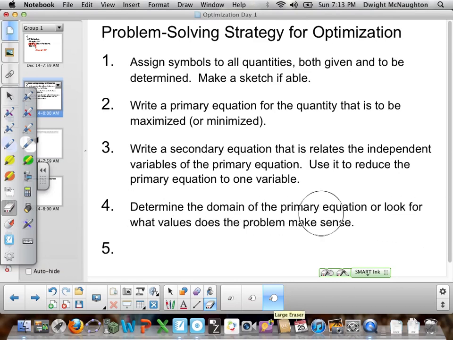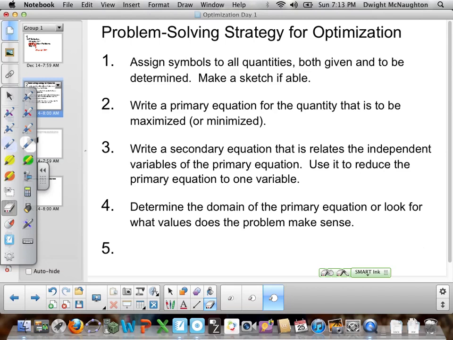Right? Once you've gotten rid of extra variables in your primary equation using your secondary equation, you're going to determine the domain of your primary equation. This is a lot simpler than it sounds. You're just going to see, okay, what makes sense. If I'm talking maximum volume, it doesn't make sense to use negative numbers. It doesn't make sense to have a volume way out there at 1 million when you're talking about a cardboard box made out of an 8.5 by 11 sheet of paper.